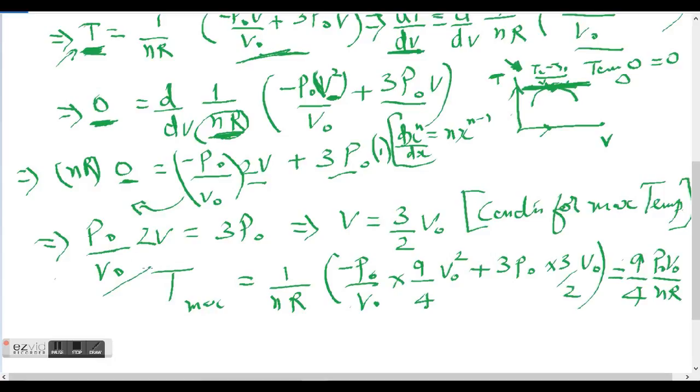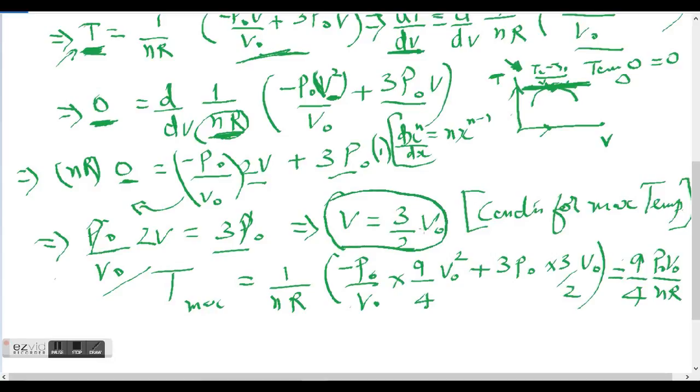I'm going to send it onto the left hand side to get this is equal to 3P naught, and then if I solve it further, cross multiply, and cancel this out, I can get V is equal to 3 by 2 V naught. This is the condition for maximum temperature.